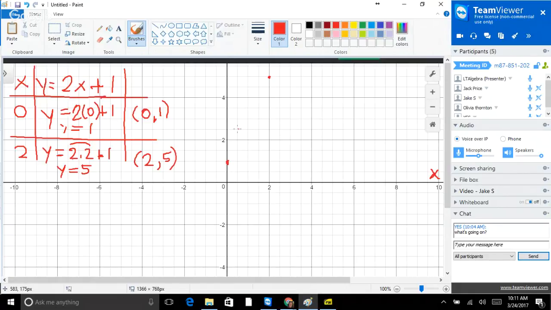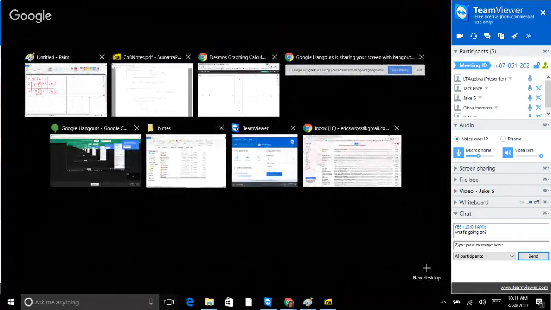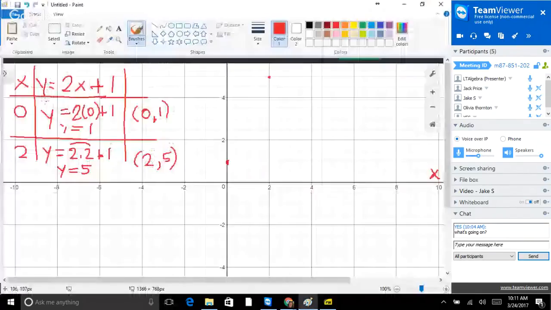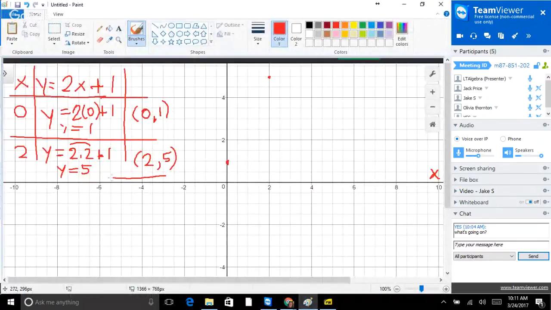To be really safe, let's do another one, just for fun. So when x equals -1, what happens? What do you think y equals when x equals -1? Can somebody do that for me? So -1 times 2 is -2, plus 1.